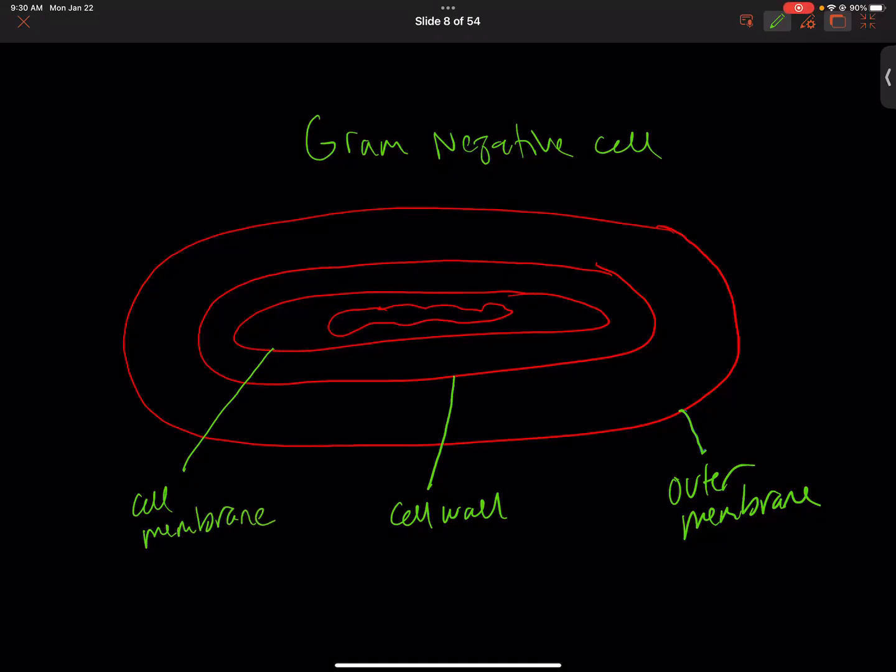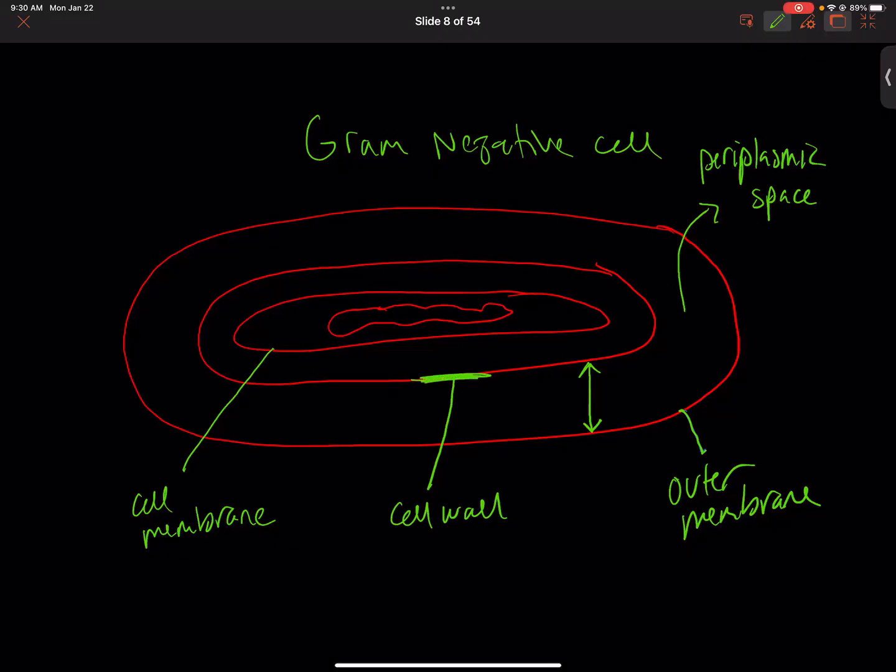So again, I want you to understand that when we talk about gram-negative organisms, the architecture is pretty amazing. On the outside of a gram-negative organism, you have this outer membrane. Right? That outer membrane is composed of a phospholipid layer. In between the outer membrane and the cell wall is this space called the periplasmic space.